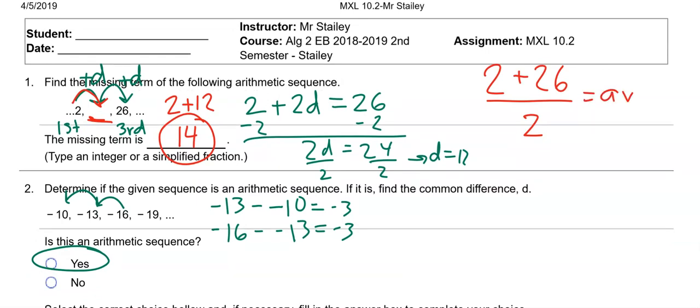Don't we call that the average? And what do you get? You get 14. Oh, look, the middle term. This, folks, is actually called the arithmetic average.